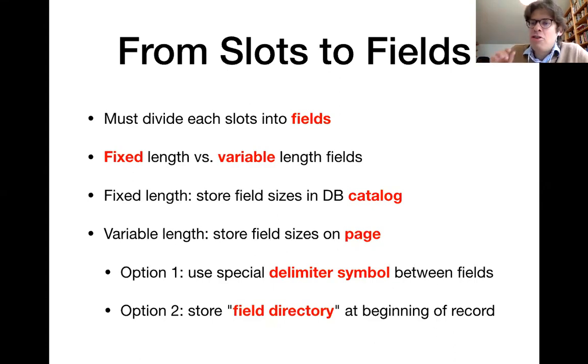Here, essentially directories at the beginning of each record, which tell you which part of the slot space is reserved for storing data in specific fields. So this is how we decompose everything down from pages to slots and to fields.